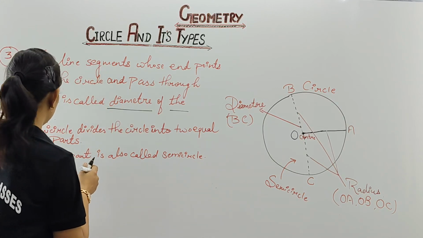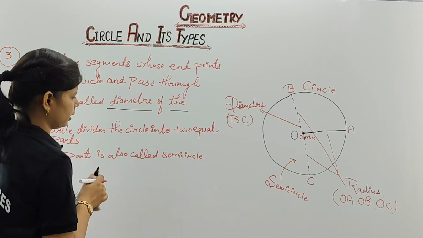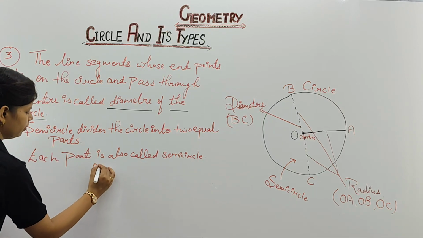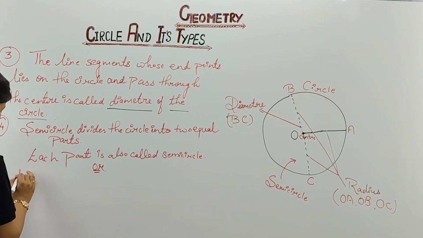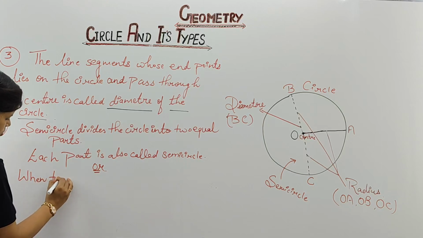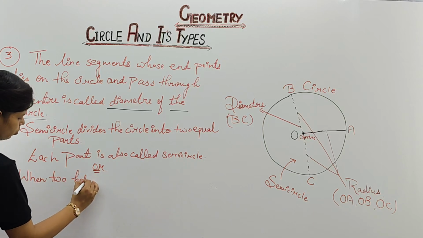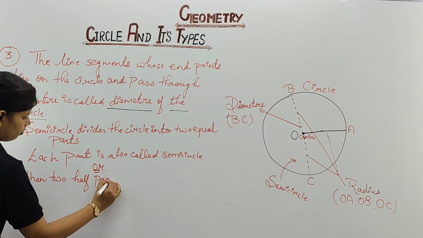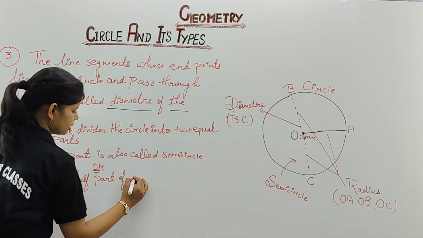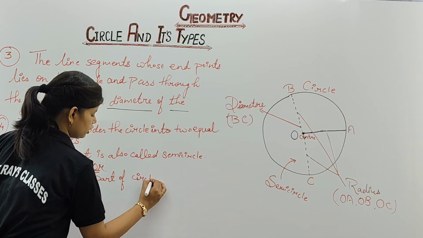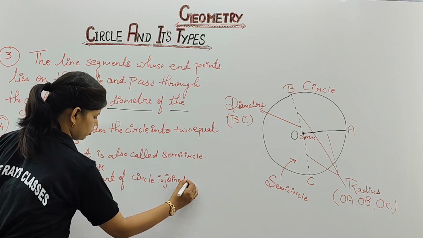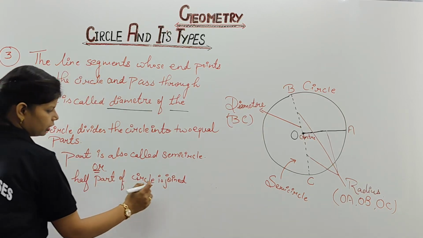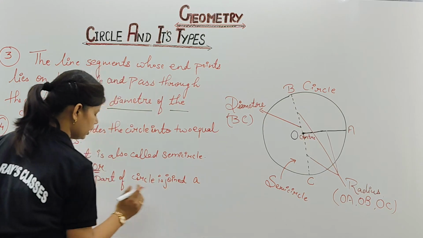When two semicircles we are joining, or you can write here. Okay, this is correct. In place of this, you can also write, when two half parts of a circle are joined, a circle is formed.